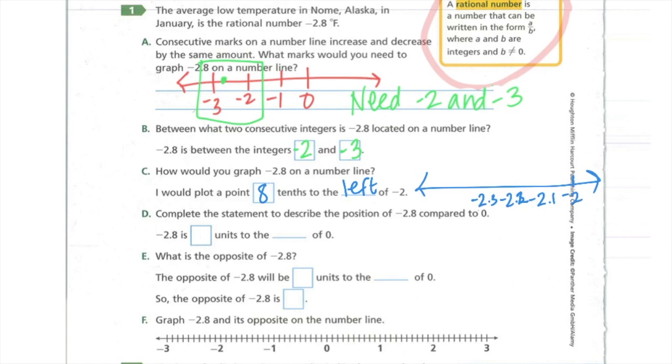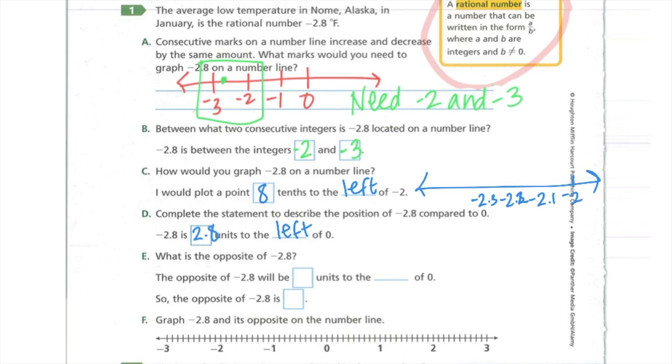Complete this statement to describe the position of negative 2.8 compared to 0. Negative 2.8 is blank units to the blank of 0. So how far away is it from 0? Well, it's 2.8 units. And it's negative, so it's to the left of 0.